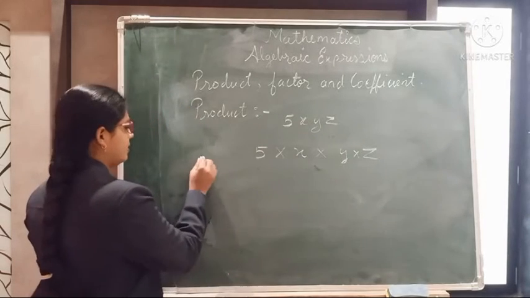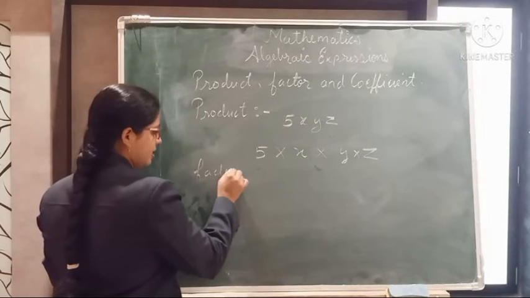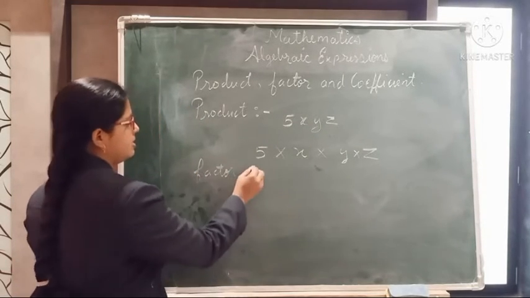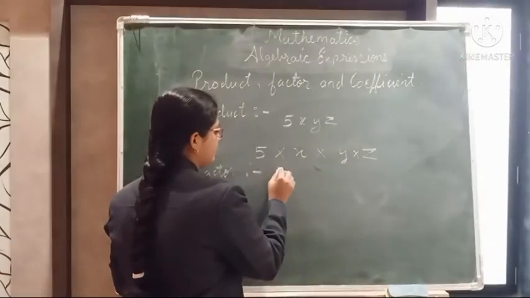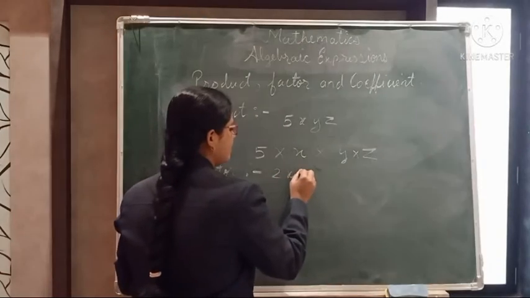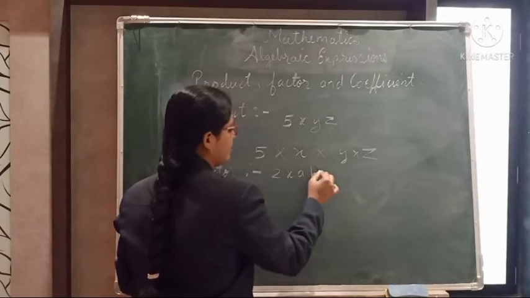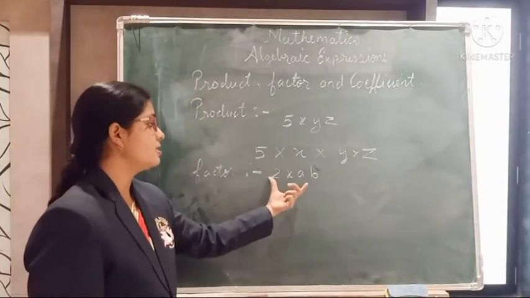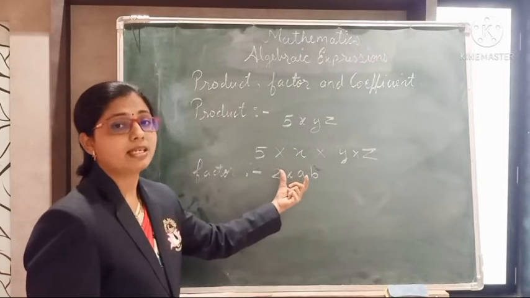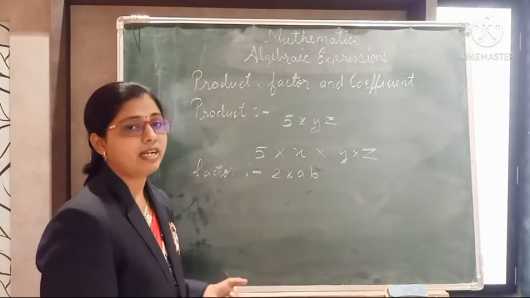Next one is factor. Factor is exactly the opposite of product. That means whatever product is given, for example 2xab, how do we make the factors?